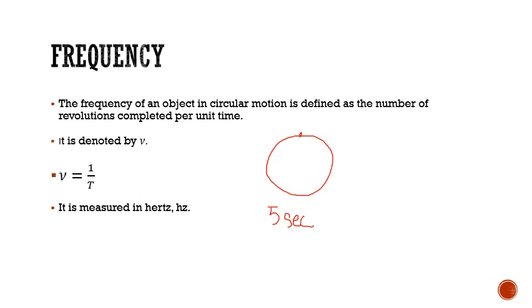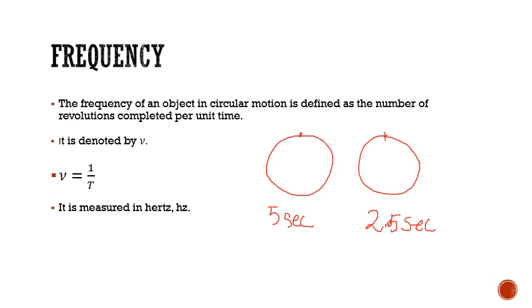Fine. Now let us consider another case. In this case a particle is moving a little bit faster in comparison to the first case. Now this time we note it has taken 2.5 seconds to travel this whole distance.